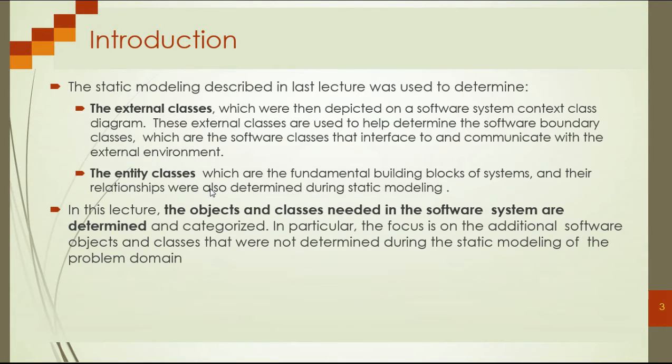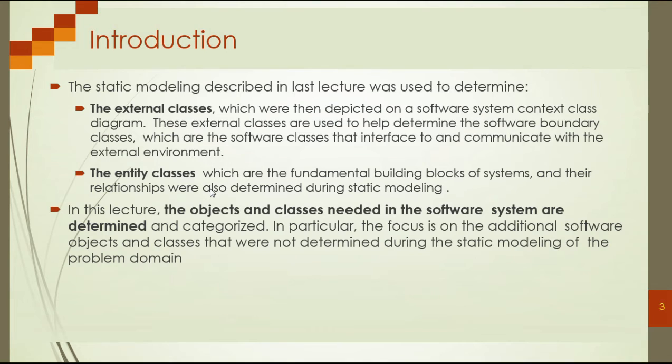The static relation between the classes is considered in the static model, while the dynamic relation between the objects is considered in the dynamic model. So for the next class, we will develop the dynamic model. So we need to use the objects.